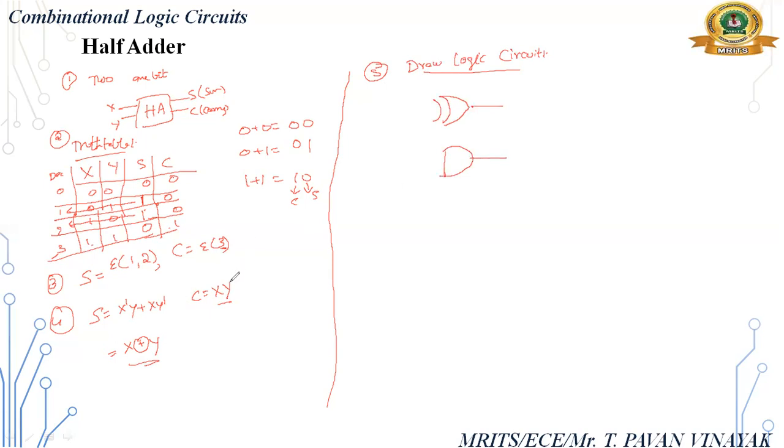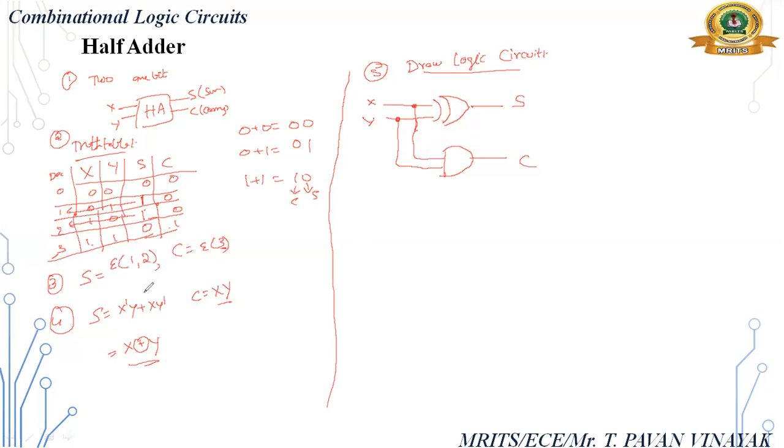This is the XOR gate, this is the AND gate. I am putting dots where there is a connection; here there is no connection. This X I am giving only here, and this Y only here. This is one circuit.